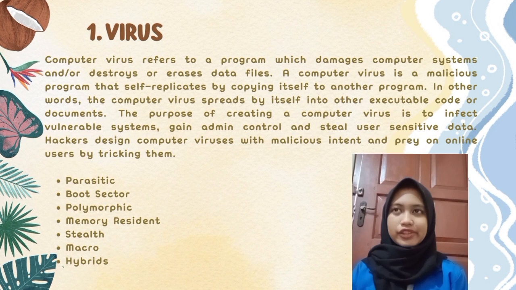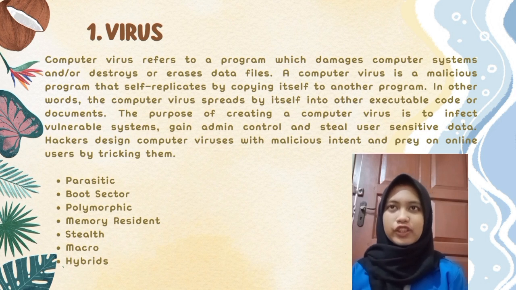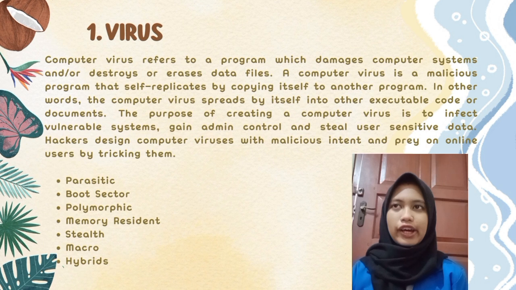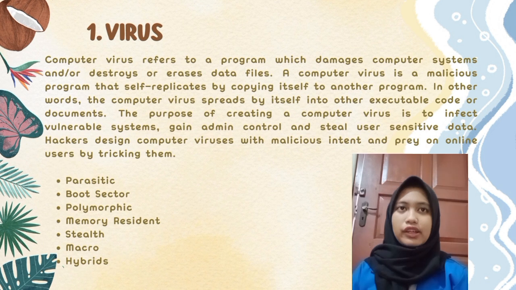1. Virus. A computer virus refers to a program which damages a computer system and or destroys or erases data files. A computer virus is a malicious program that self-replicates by copying itself to another program. In other words, the computer virus spreads by itself into the executable code or documents.